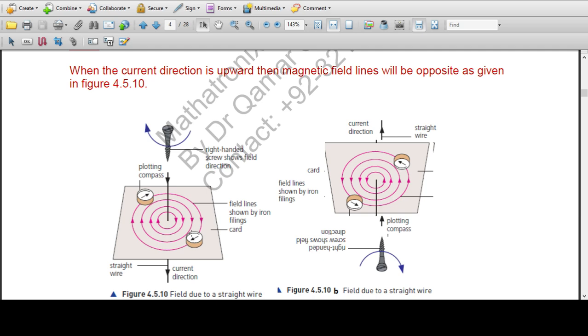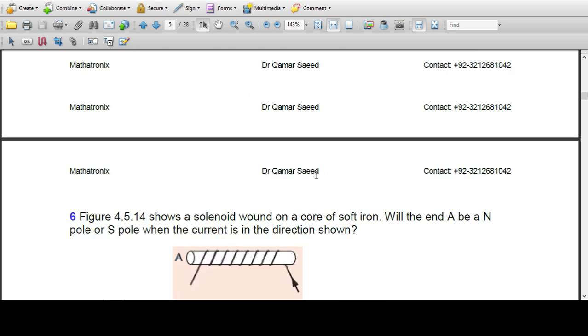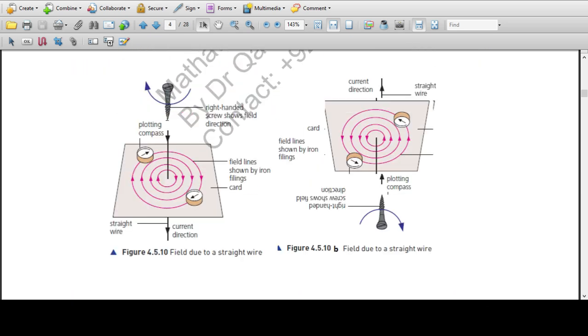So when we use the thumb like this, it's going down, so the thumb is pointing downward, so the curl of the right hand will show the clockwise rotation in case of downward current.